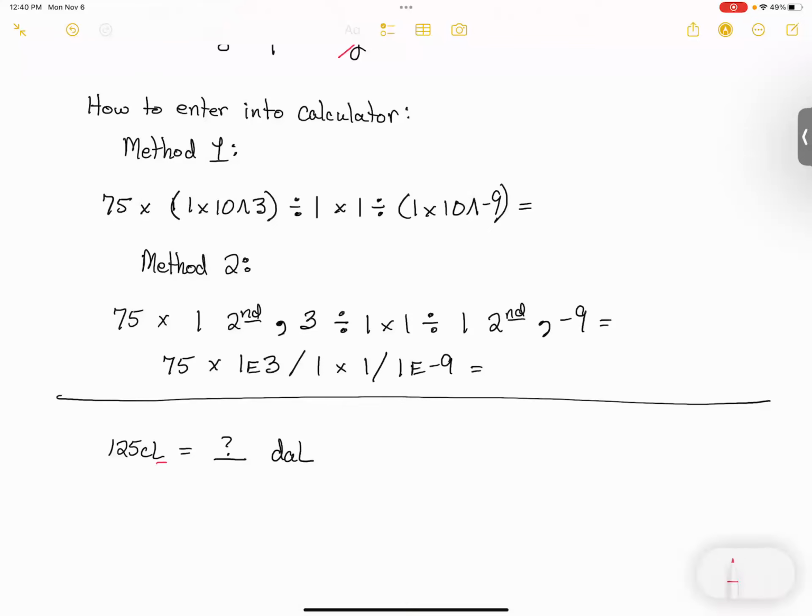Again, I notice they both have liters in common. So units in common means metric.